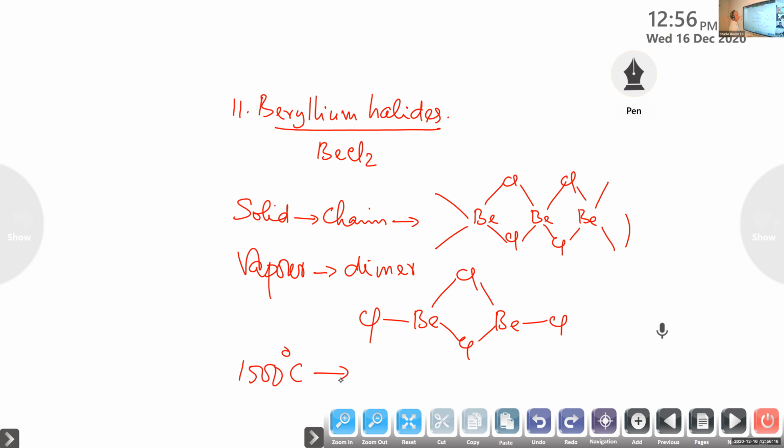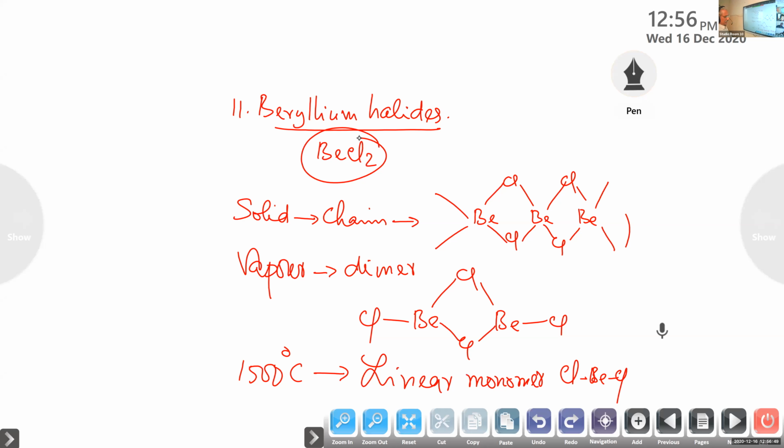1500 degrees Celsius. Then the bonds break again with the formation of single linear molecules, BeCl2, linear monomer. See here, BeCl2 exists as a monomer.